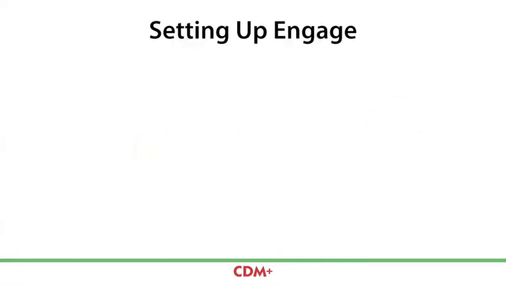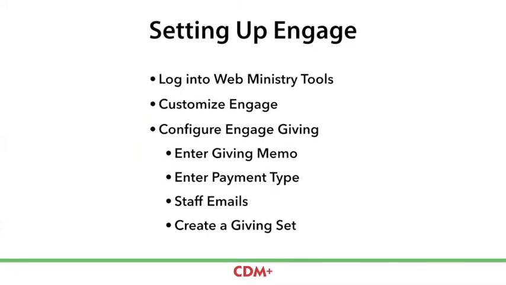So to set up Engage, what do we have to do? Well, the first thing you have to have is a Web Ministry Tools login. You'll log into Web Ministry Tools, and at the top of the window, you'll see some buttons, including an Engage button and an Engage Giving button. We'll show how to customize Engage, and then how to configure Engage Giving.